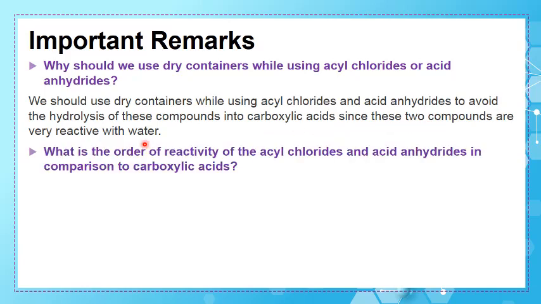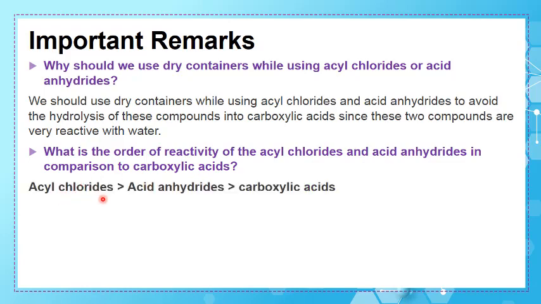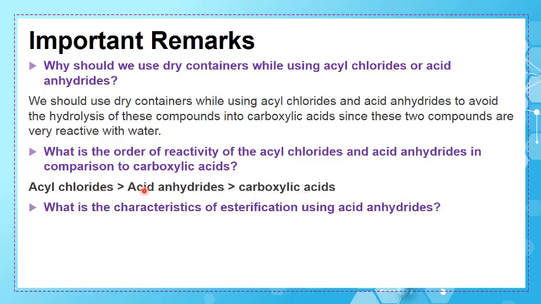Another question, what is the order of reactivity of the acyl chlorides and acid anhydrides in comparison to carboxylic acid? Here is the rank. Acyl chlorides, as we said, are the most reactive. Then come acid anhydrides, and carboxylic acids are the least reactive compared to these.